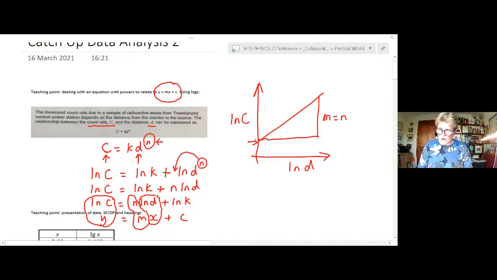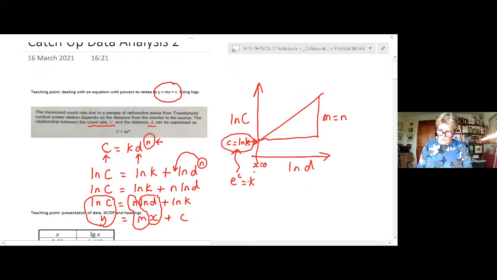And this y-intercept here, little c, not to be confused with big C in this case, is equal to log k. So if we had to get log k out by using the y-intercept, as long as x equals 0 here, and we can read it straight off, then we would do e to the c equals k, because what we're doing was anti-logging this in order to get k, that constant, out.